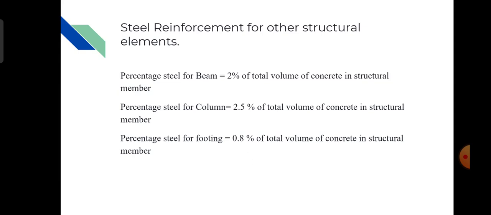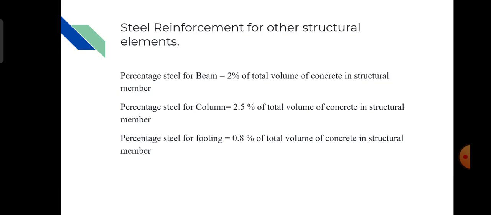And then maximum steel is 6% of gross area of column. When you take up the clear cover, it should be equal to 40 mm. 40 mm is the minimum clear cover as in case of the column.